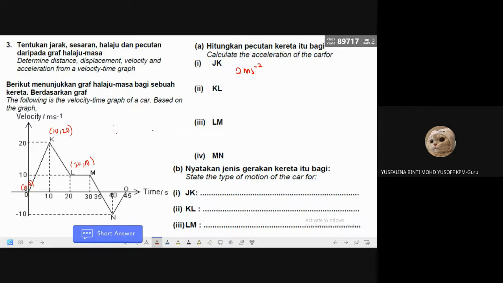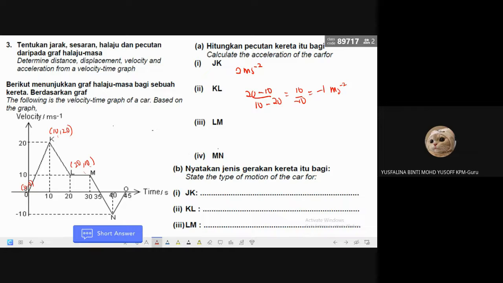So 20 minus 10 divided by 10 minus 20. So you will get 10 over negative 10, so negative 1 m/s².